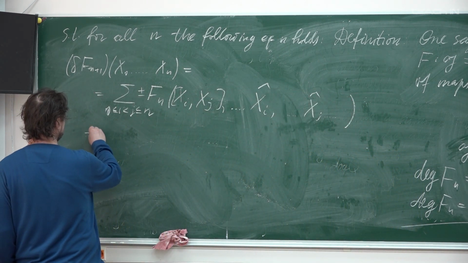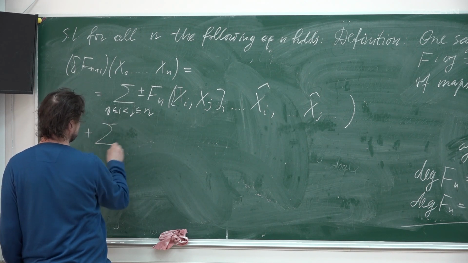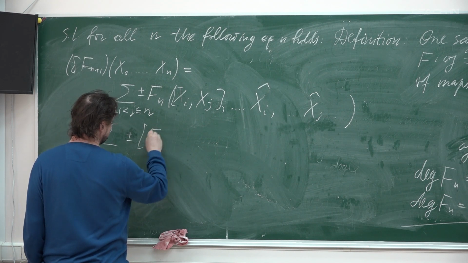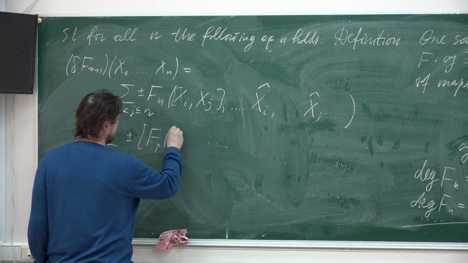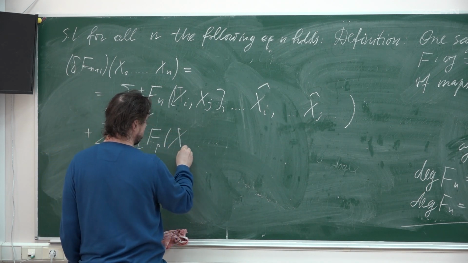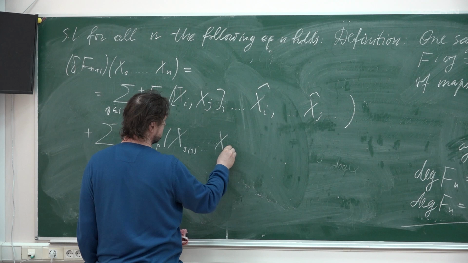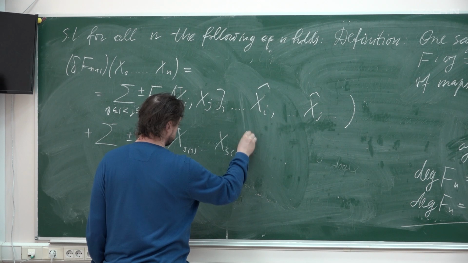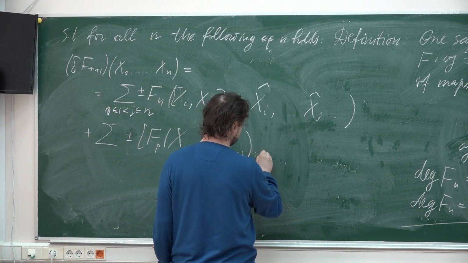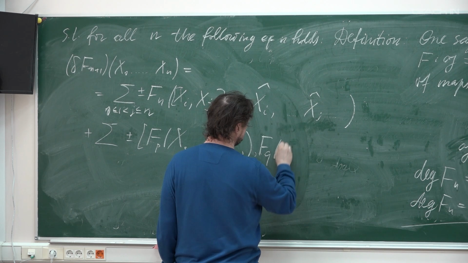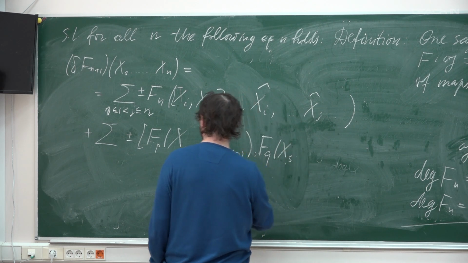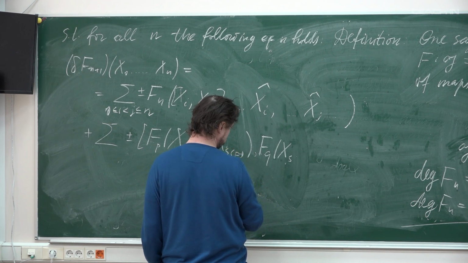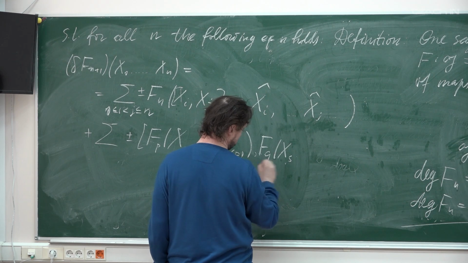But that's not all. We need to add, again with sign, the commutator of fp applied to x s1 through x sp and fq applied to x s(p+1) through x, sorry, p minus 1, x.